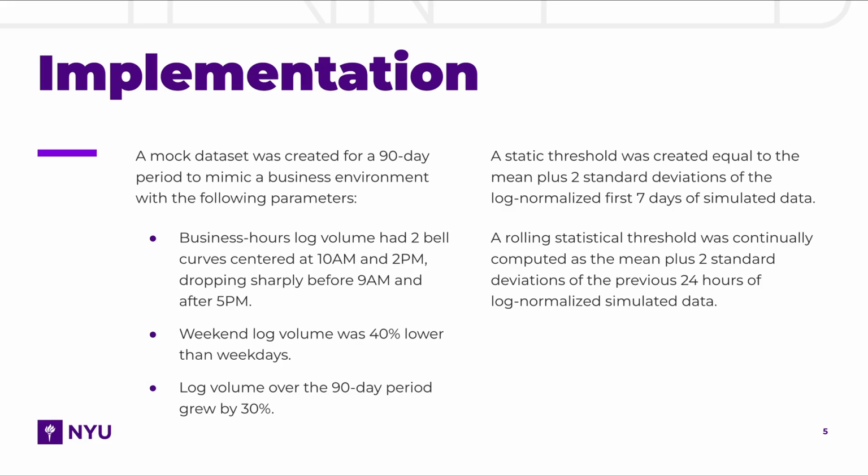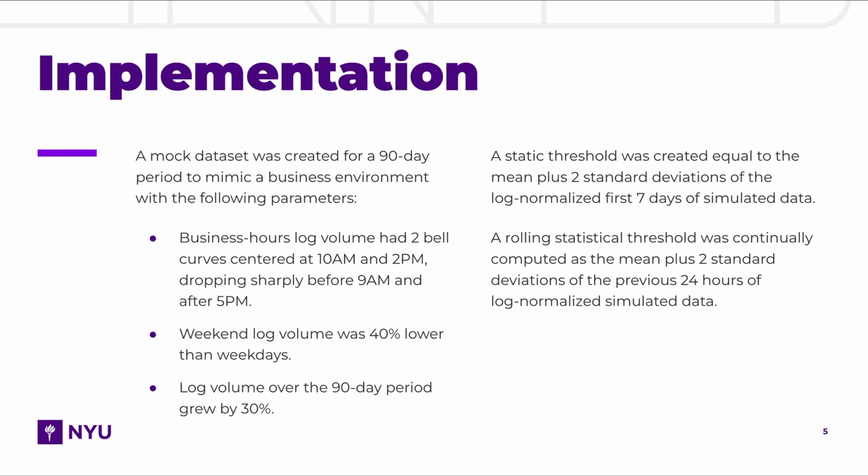Two standard deviations is typically what people consider statistically significant, so it's a fair baseline, I think, to set for anomaly detection. The rolling threshold, and this is the crux of the test here, is continually computed based on the previous 24 hours of log normalized data.